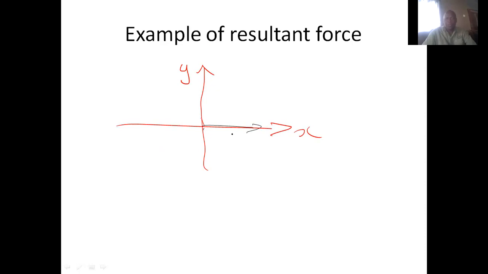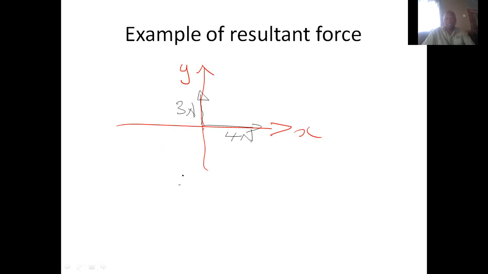So this force is 4 newtons along the x-axis, and another force, which is 3 newtons along the y-axis.